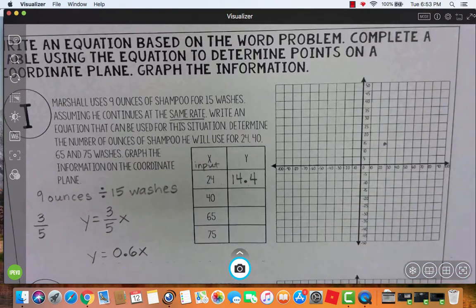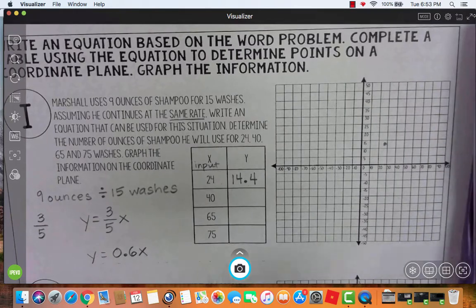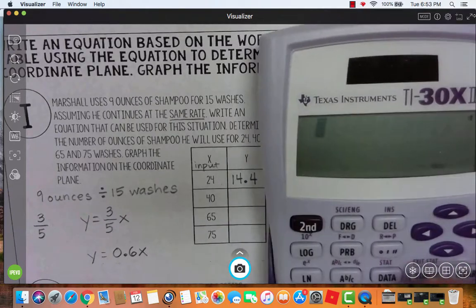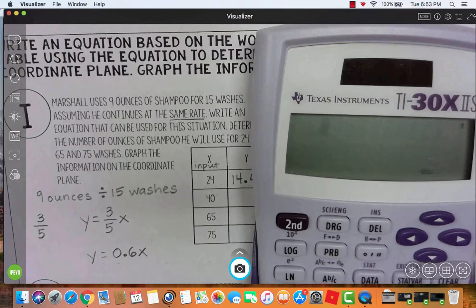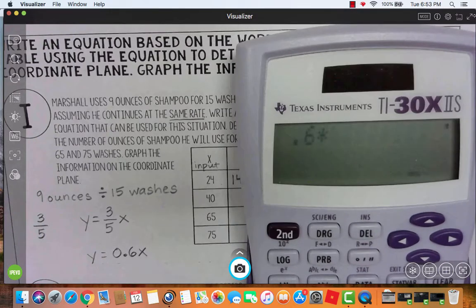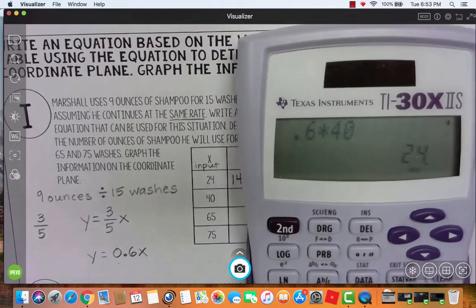Okay, so then I'm going to plug it in again. 0.6 times 40. I get 24.